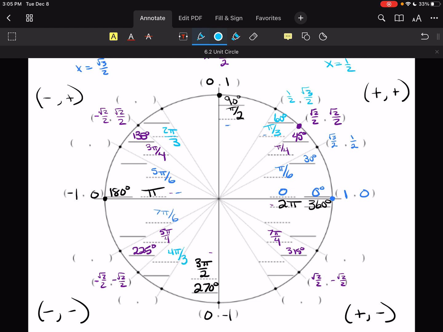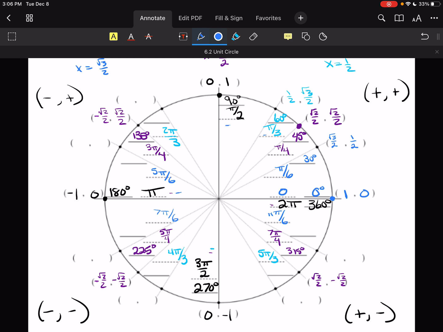Then we would have 9 pi over 6, which is already taken care of, with 3 pi over 2. Then we would have 10 pi over 6, which would be 5 pi thirds. And then 10 pi over 6 plus pi over 6 would be 11 pi over 6. And then 12 pi over 6, which would be 2 pi.